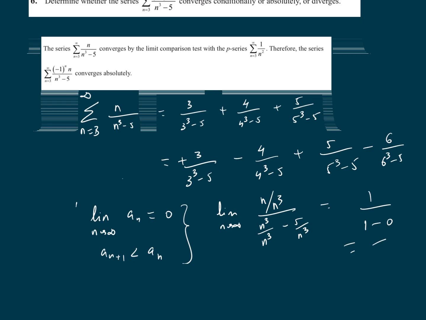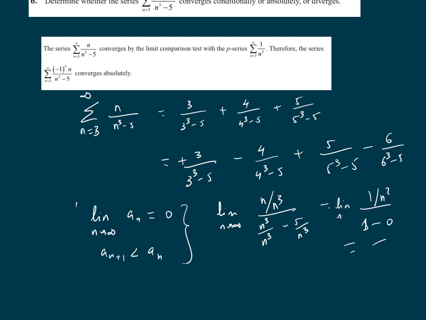So it's 1 divided by n squared in the numerator, and in the denominator n cubed divided by n cubed is 1, and 5 divided by n cubed goes to 0 when n goes to infinity. The numerator goes to 0, and 0 divided by 1 is 0, so the limit is 0.